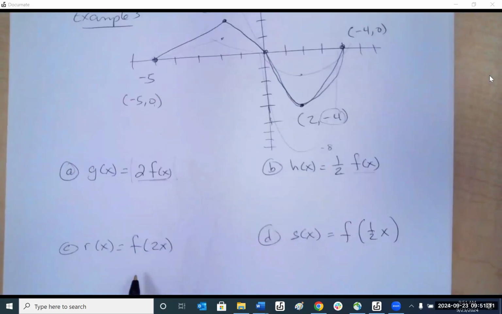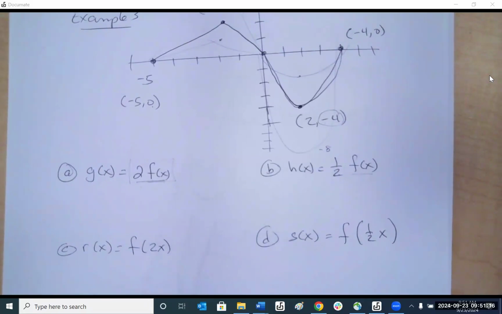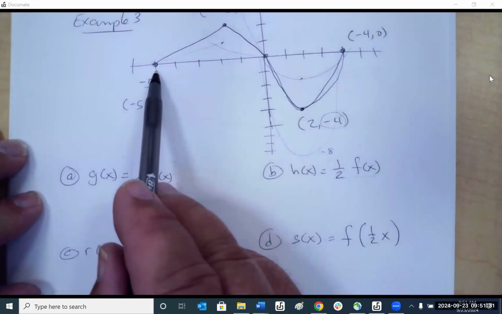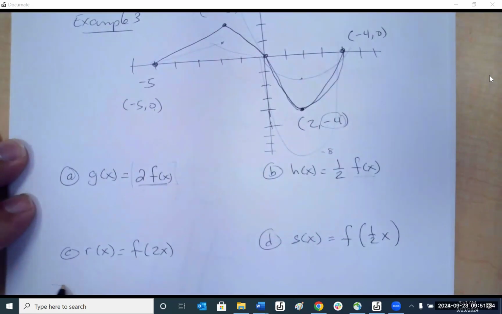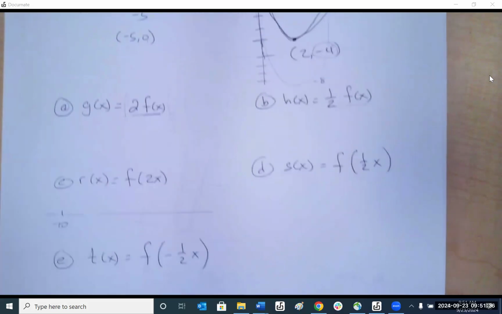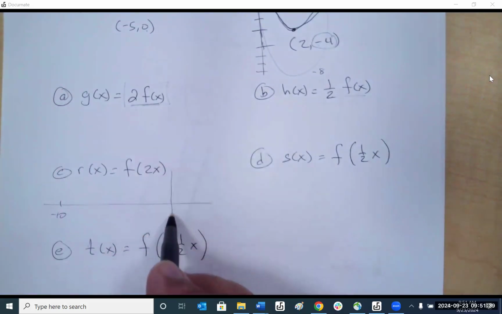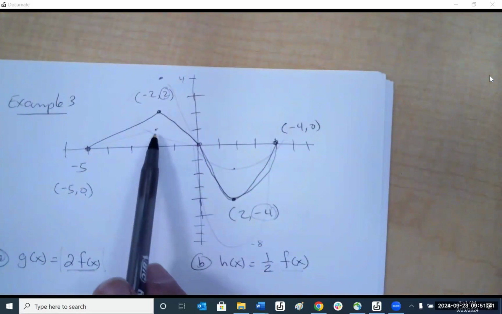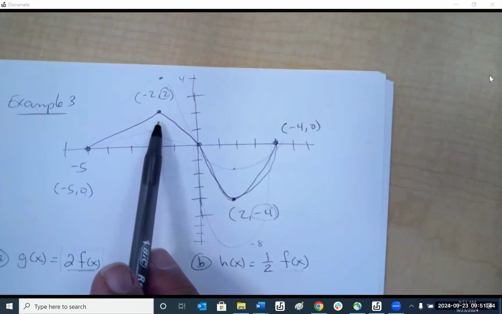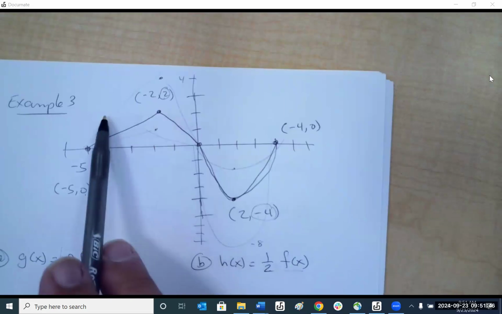How about this one? What do we do in this one? It doesn't have an outside number, so what do we do with it? Multiply the x values by 2. So this -5 becomes what? Becomes -10. This one becomes -4.